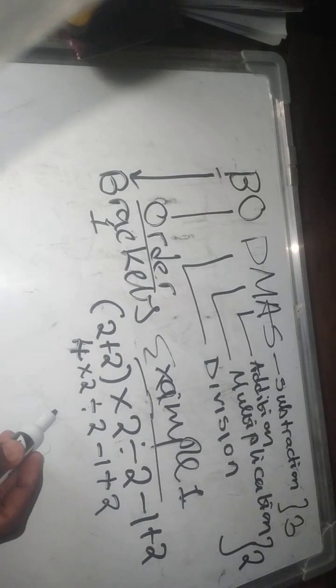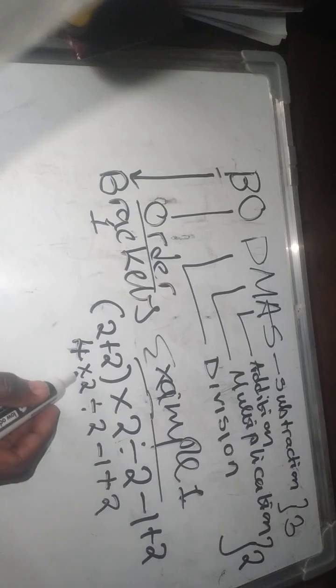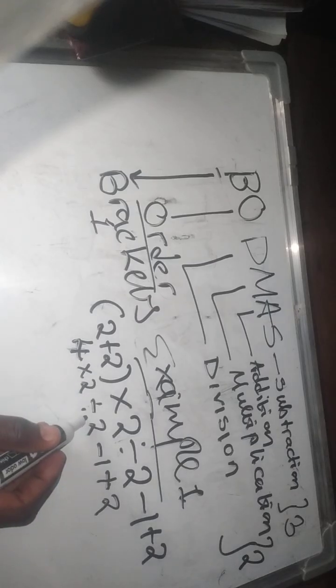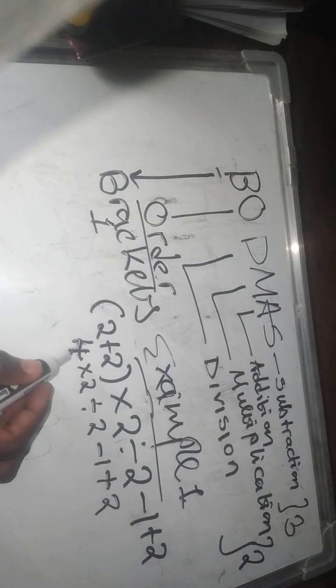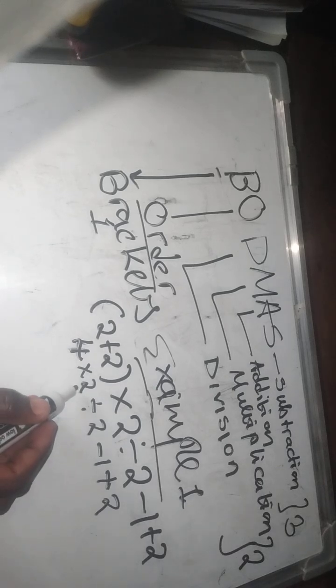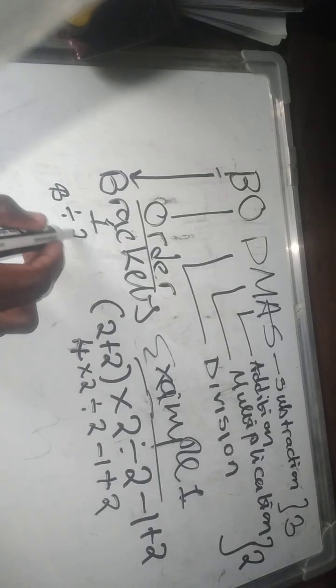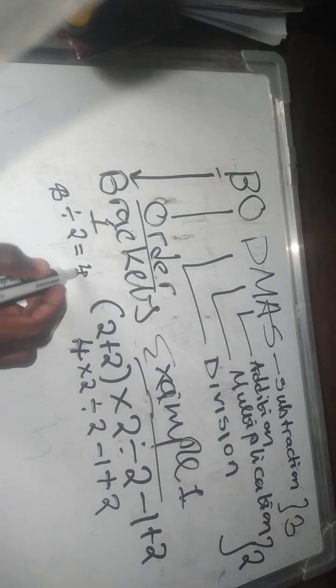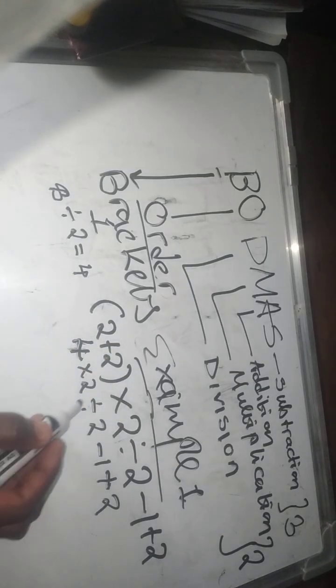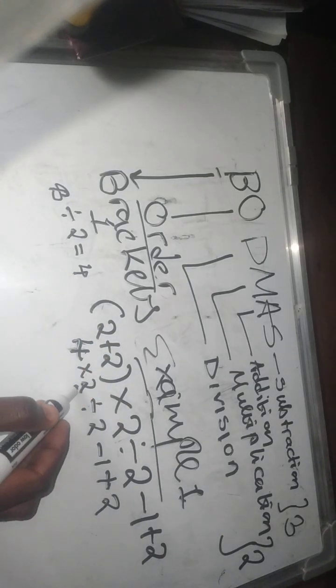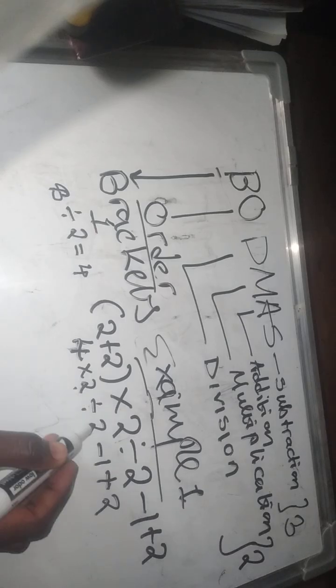After that, of course, we see a multiplication and a division here. If we say 4 times 2, we get 8. Then divided by 2, we get 4. Assume that we say 2 divided by 2, we get 1.